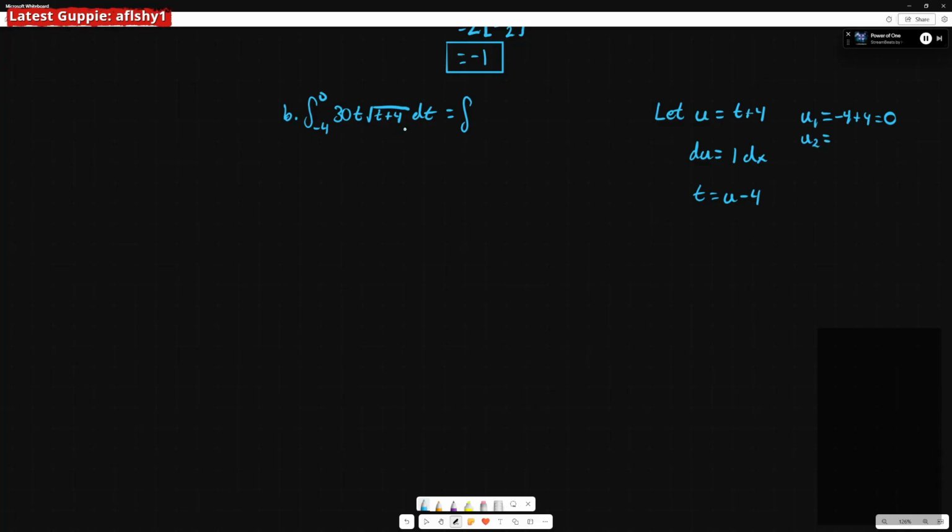And u2 is equal to 0 plus 4, which is equal to 4. So now we go from 0 to 4 for 30 times the square root of u times u minus 4 du, right?